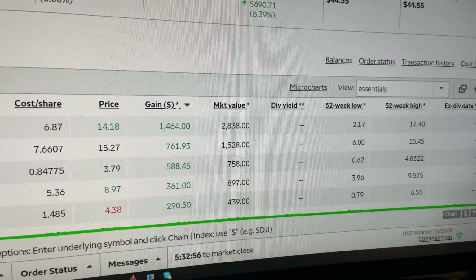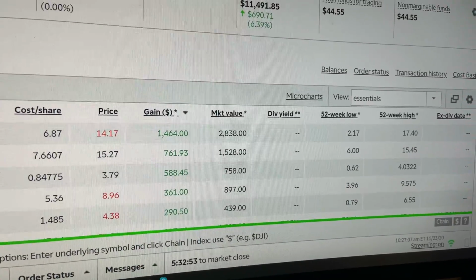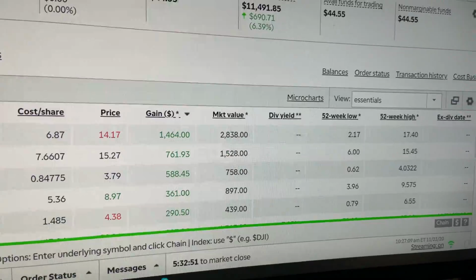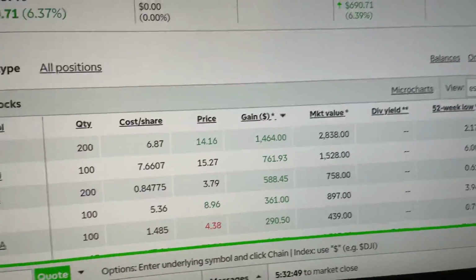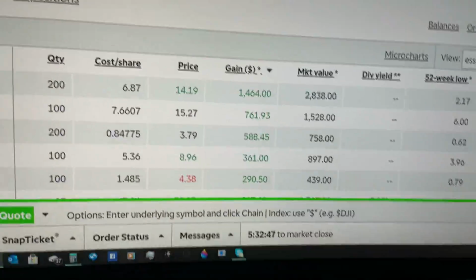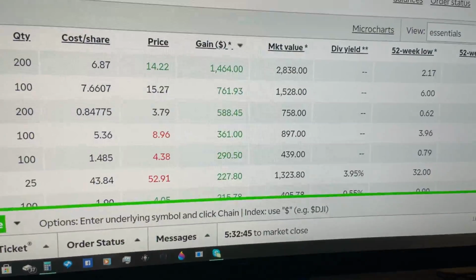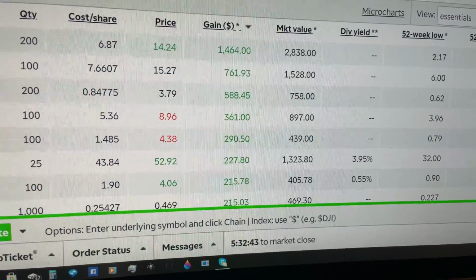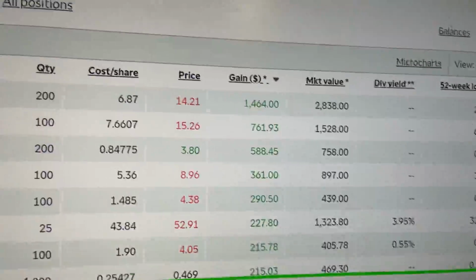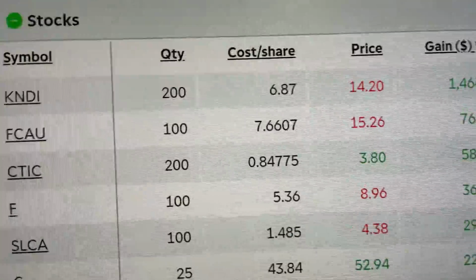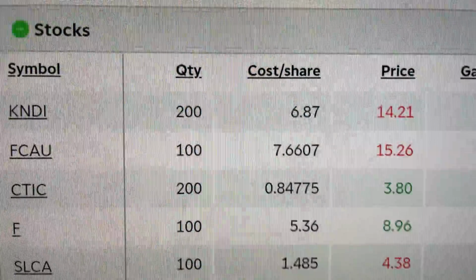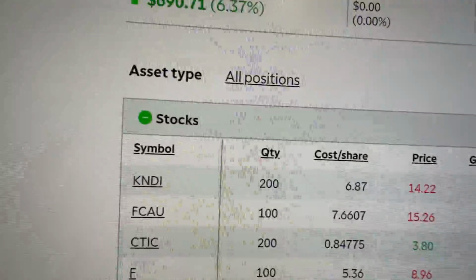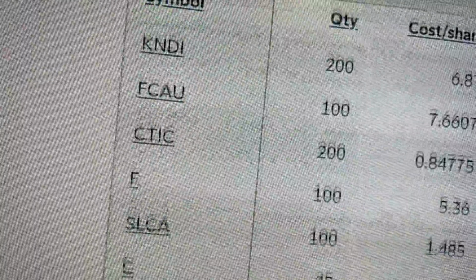The average day trader is not making a living wage. Day trading is a hobby, especially when you're dealing with a market like this where you have no idea where it's going to be from day to day. So that's what I'm going to be doing from now on. I'm going to refer back to that $11,000. Yeah, I'm still up at $690. So I am going to be referring to that from now on.